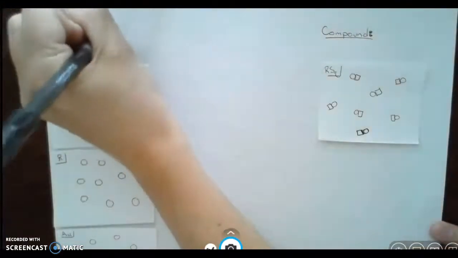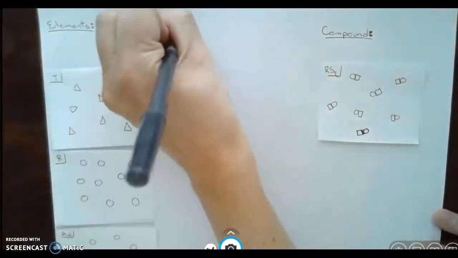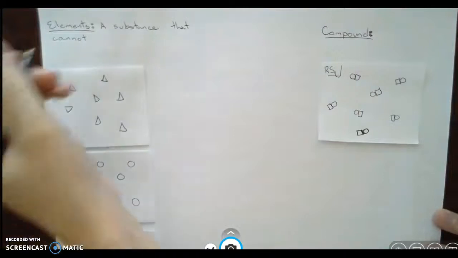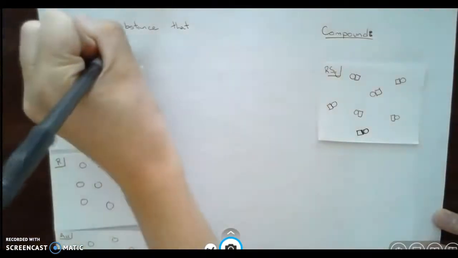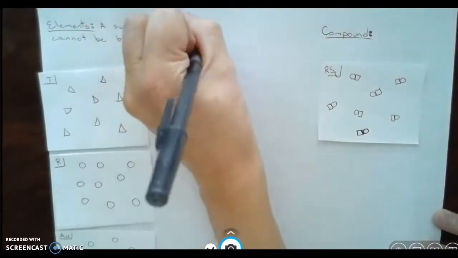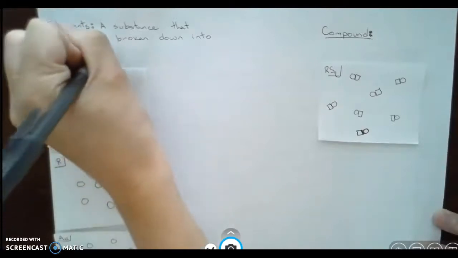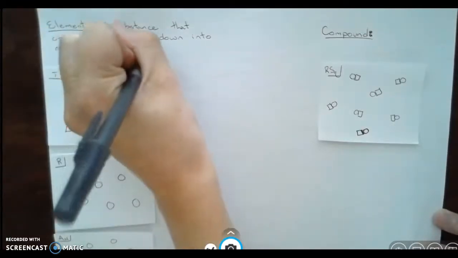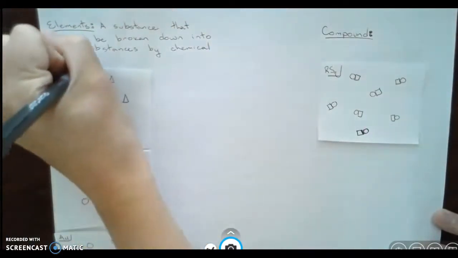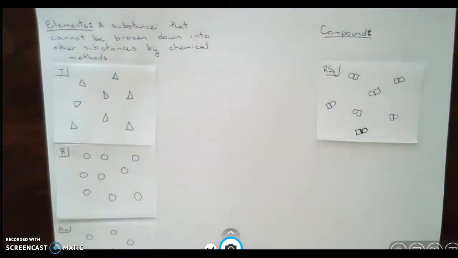So an element is a substance that cannot be broken down into other substances by chemical methods. Okay, so there's a few examples of that.